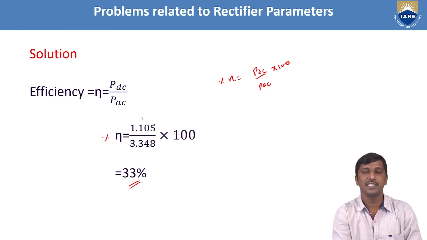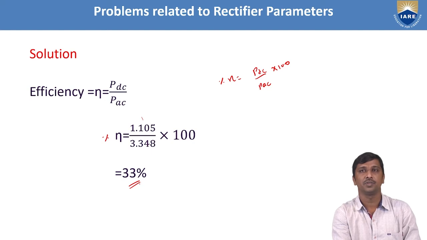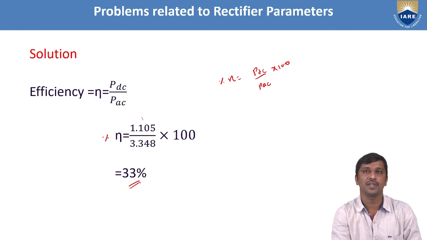So based on the given specifications, the efficiency of the half-wave rectifier is 33%. From all these statements, we observed the peak current, average current, RMS current, DC power and AC input power, and also the efficiency for the given problem.